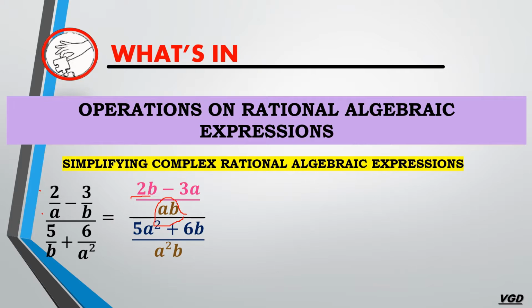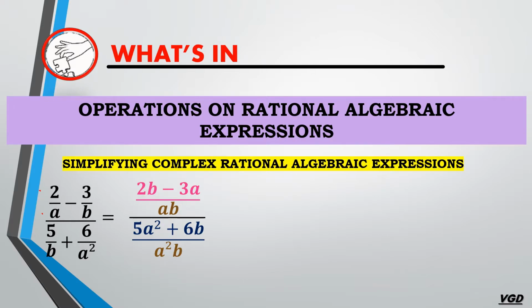Next is to divide ab by b, so we will get a, and multiply by the numerator 3, so we will have 3a, and just copy the operation, which is subtraction.